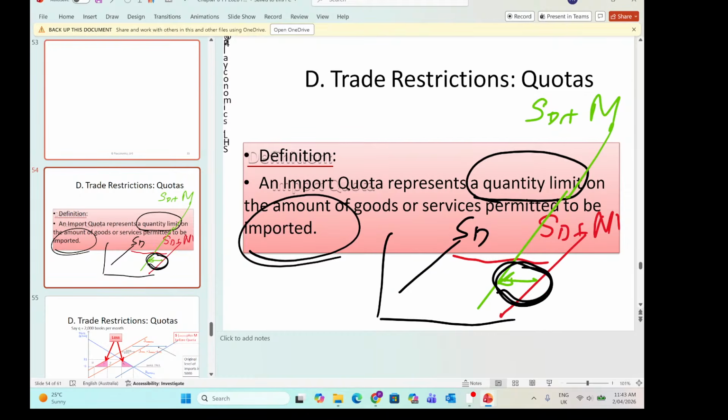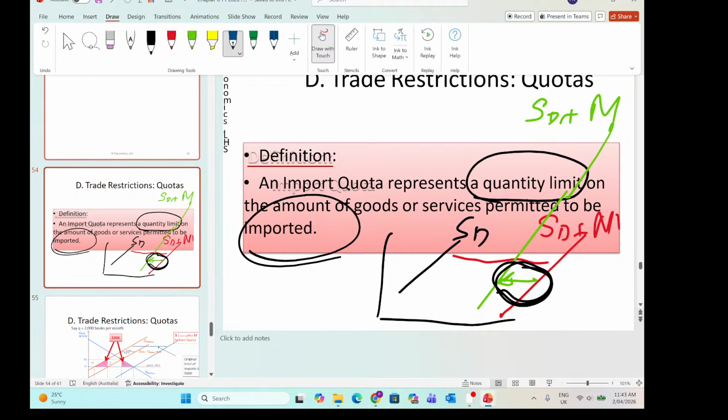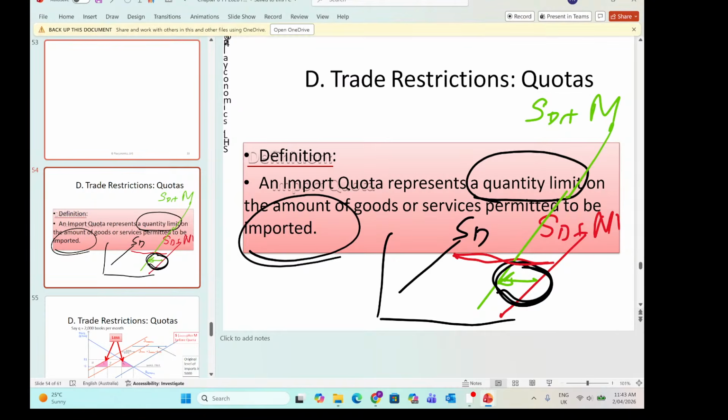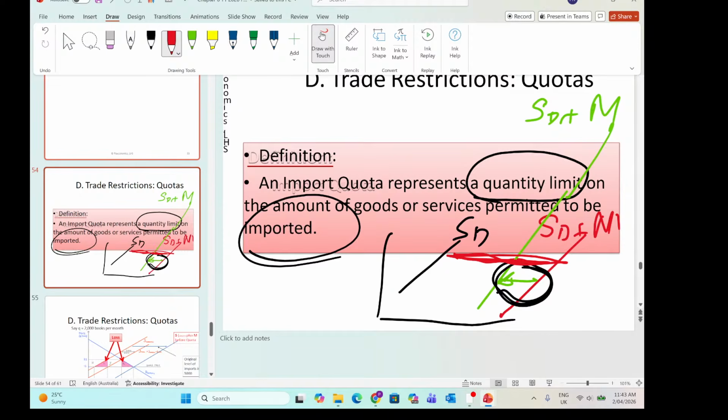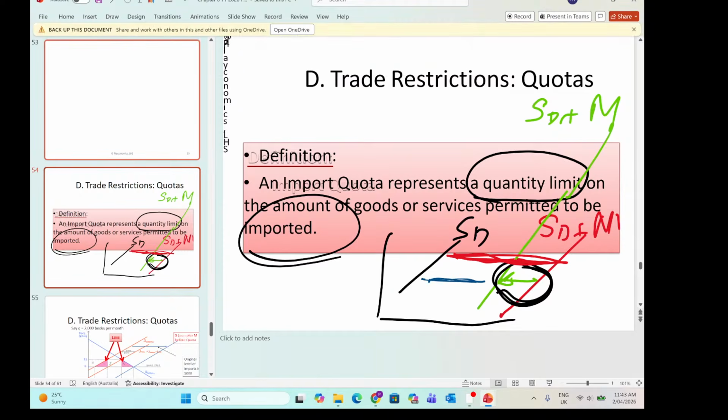So how many imports would remain? I'm showing that in blue. Instead of it being the level of the red line, now the level of imports would only be equal to the level of the blue line. So we're going to have less imported products. So essentially, it's a shift of the supply curve to the left.